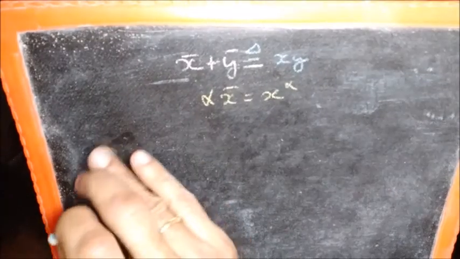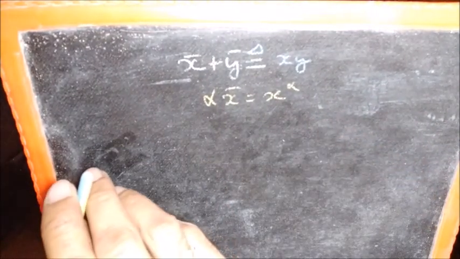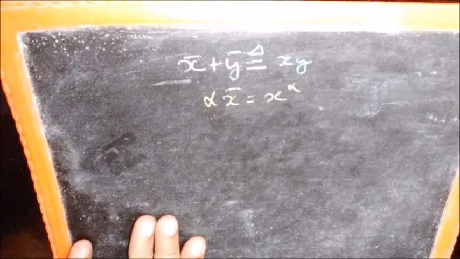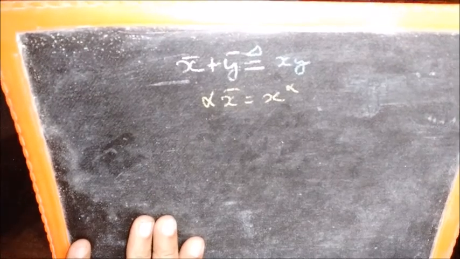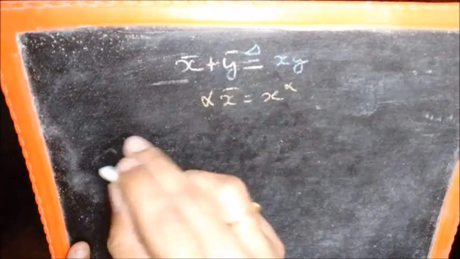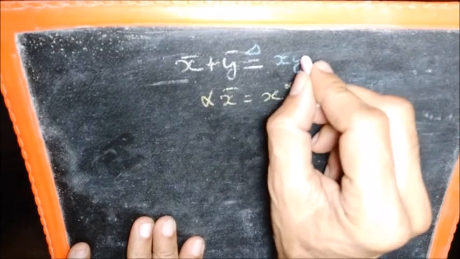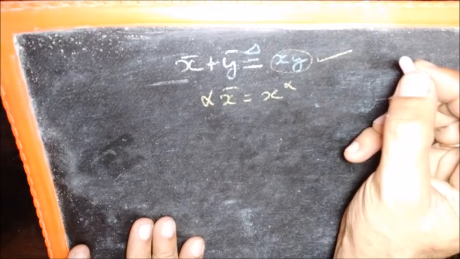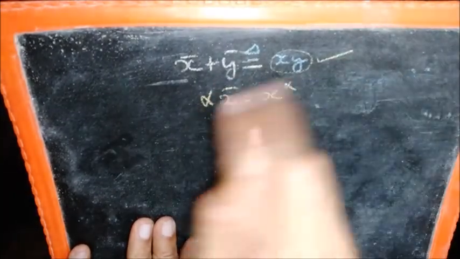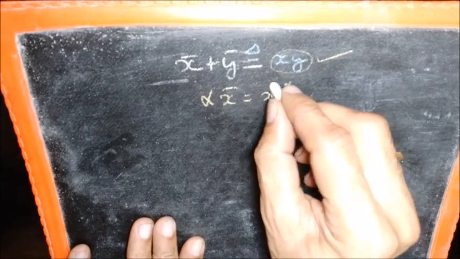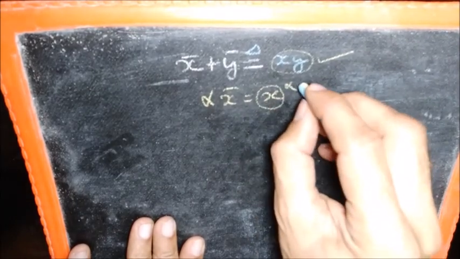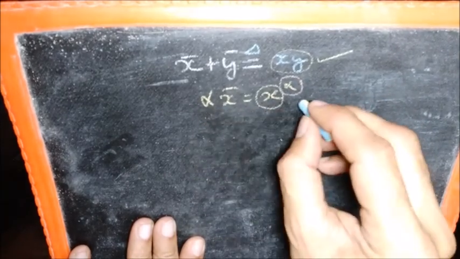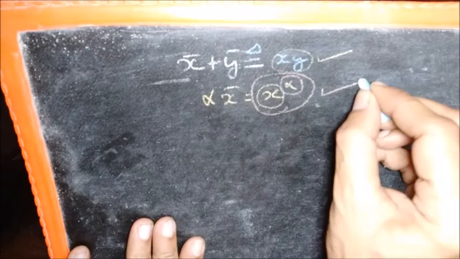So now, let us see whether the properties are satisfied, so that we can find out whether this set of positive real numbers qualifies as a vector space. First of all, closure is satisfied because x and y are individually positive, so the sum is a positive real number. And x raised to alpha, where alpha is a real number, is also a positive real number.